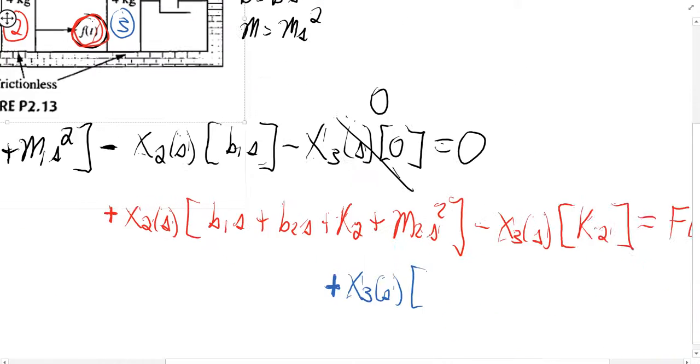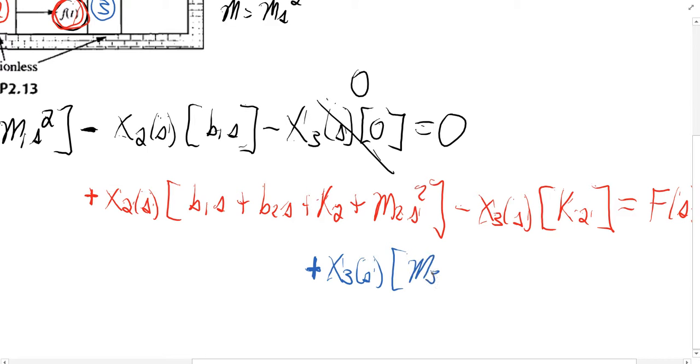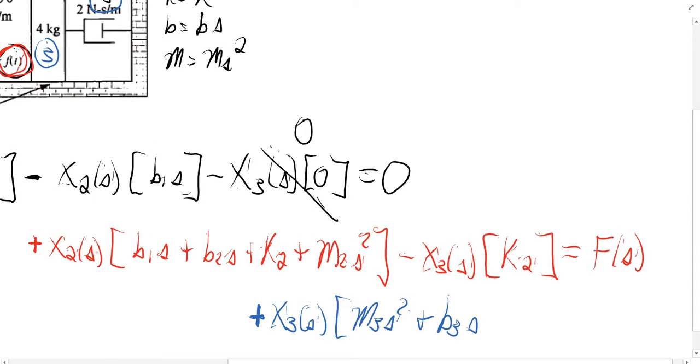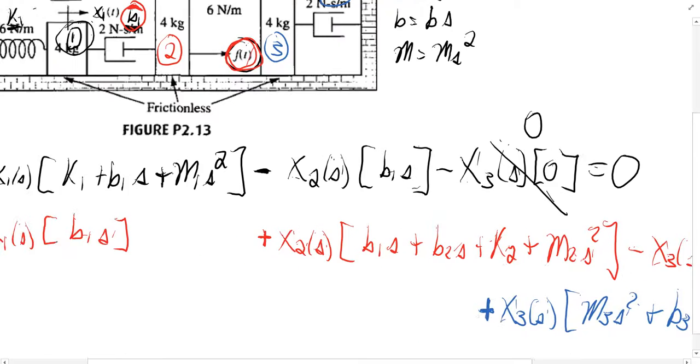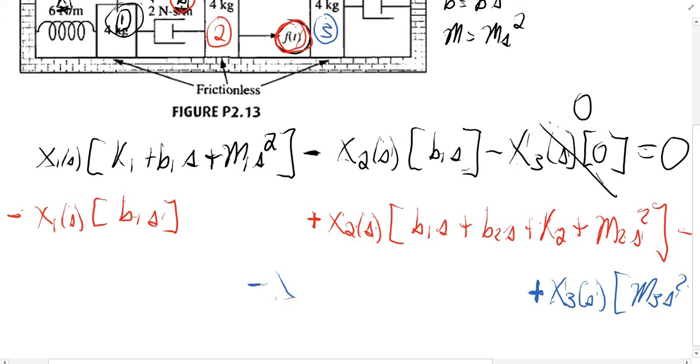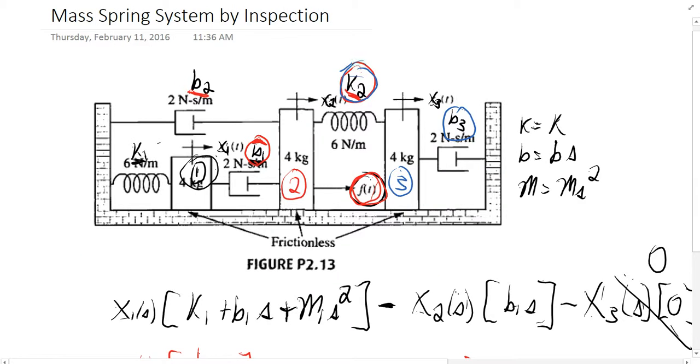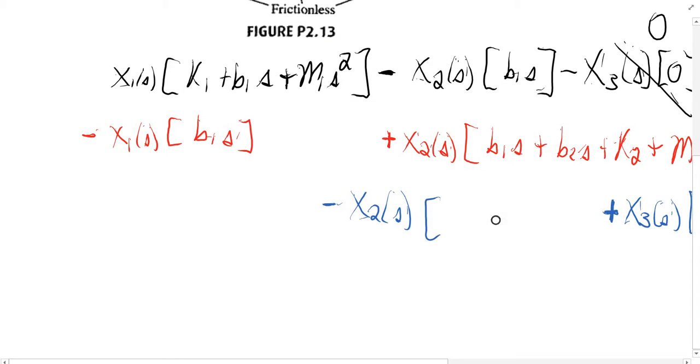So it's gonna be M3S squared plus B3S plus K2, and we close parentheses. Now we're gonna subtract what is connected to the second mass and the third mass, and that's just gonna be K2 right here, which connects this, so K2, and that's the only component.